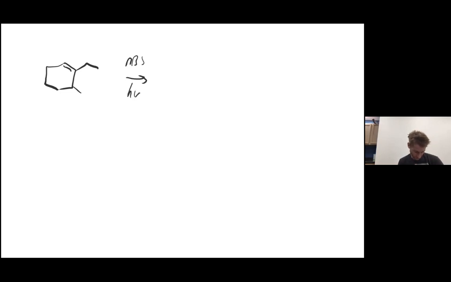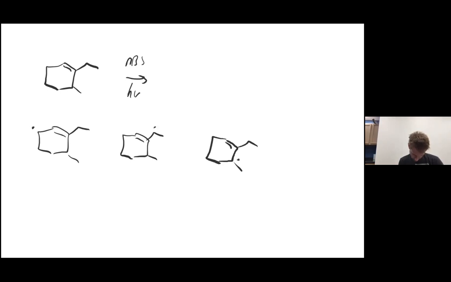Here, we're going to get 3 different radicals for our 3 different allylic positions. So we should get one here, one here, and one here.